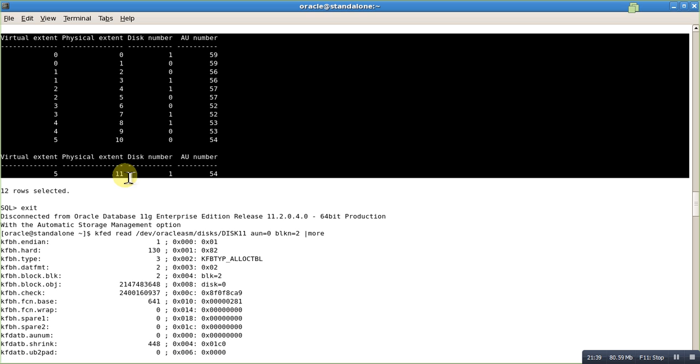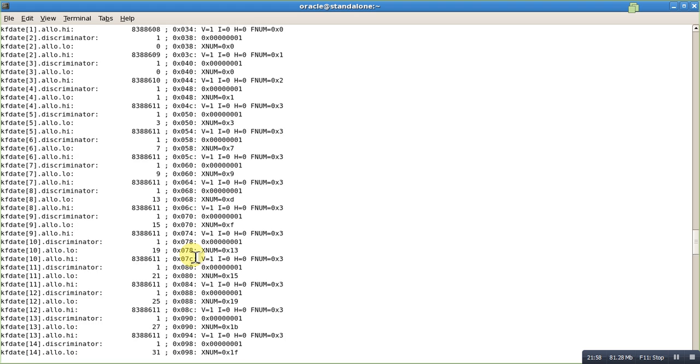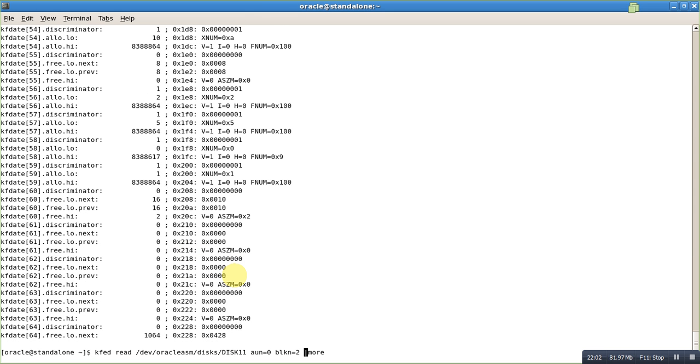Out of these 12, 6 physical extents would be on one disk and the other 6 physical extents would be on the other disk. So clearly we are able to see which extent number is on which disk, and which allocation unit that extent number belongs to. So now let's find out the other disk. Now let's query for disk 12.